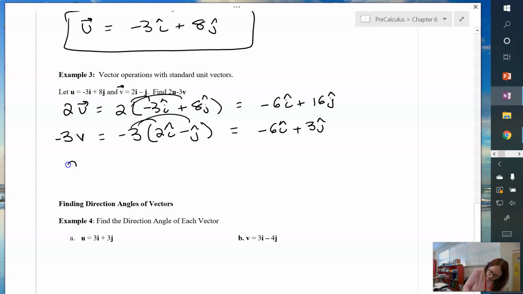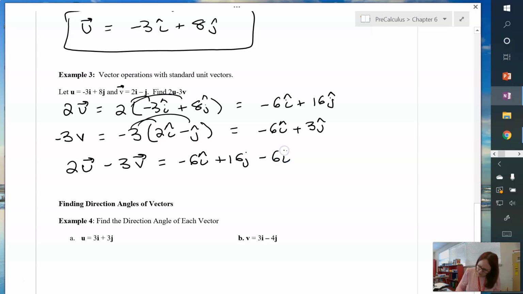So then my 2u, vector u, minus 3 vector v is going to be, I have a negative 6i plus 16j. That's my 2u. I have minus 6i plus 9j. That is my minus 3v.